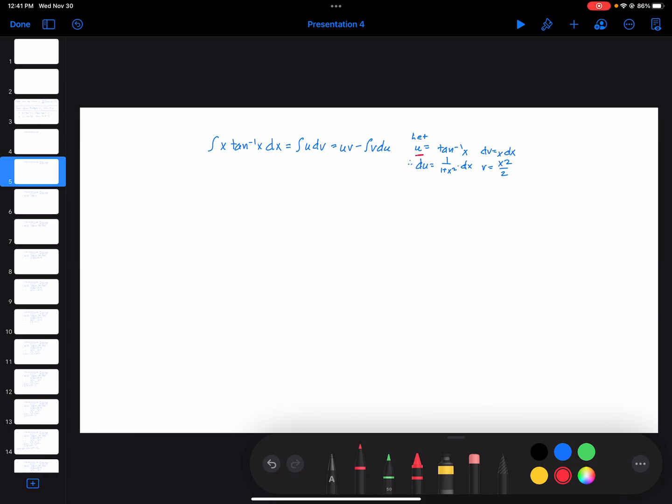We're going to let u equal the inverse tangent of x, and we're going to let dv equal x dx. Taking the derivative of u, that's going to be 1 over the quantity 1 plus x squared times dx. And then v is just going to be the antiderivative of this, which is x squared over 2.